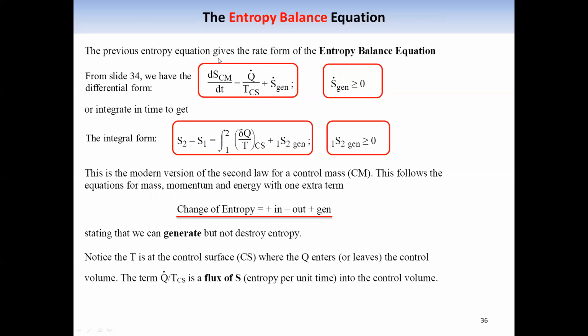And if we integrate this dynamic equation from time 1 to time 2, we get the entropy change of a control volume between two different times equal to the integral of dq over T of the control surface from time 1 to time 2 plus the entropy generation between time 1 and time 2.